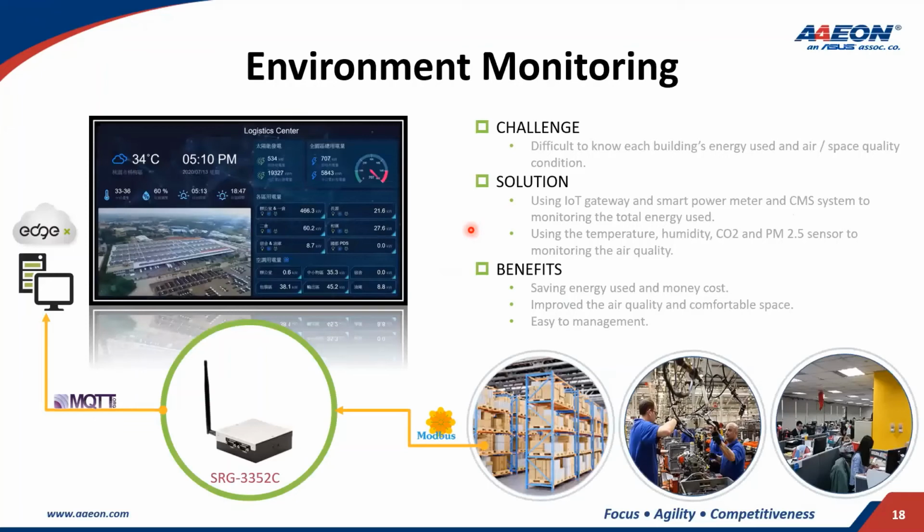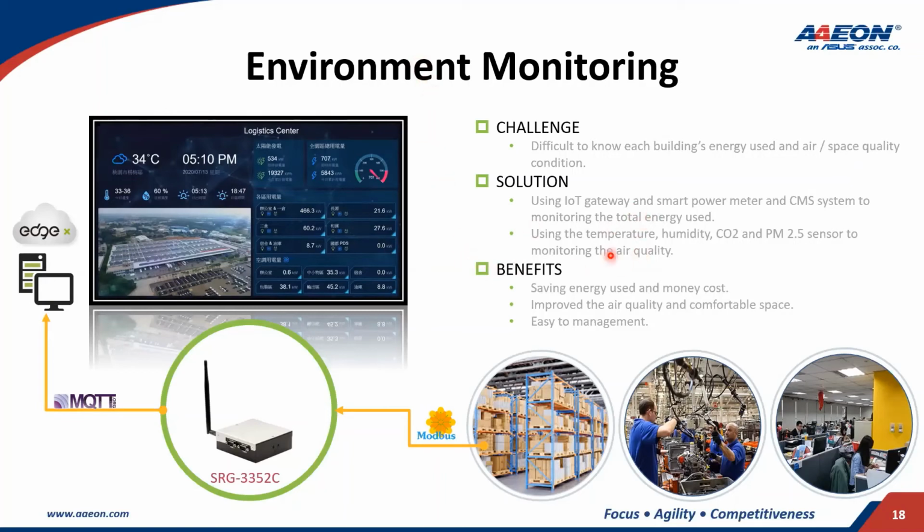Following, I will introduce two more cases just for your reference. The first is the customer used the SRG3352C for monitoring the building's energy use level, and also the air or space quality condition. A lot of our customers with factories prefer to know, for example, we have 10 factories in this area, and you need to know each factory center's status, like the humidity or temperature, or if something is wrong over there.